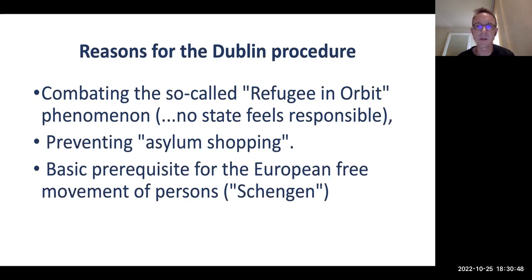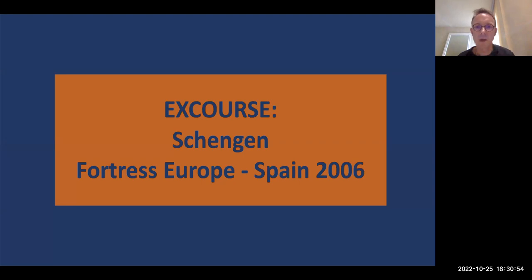Without Dublin, Schengen would not have existed. Let's put it this way. So let me go through a quick excursus on why I say Schengen has been an important motivation also for the Dublin regulation.